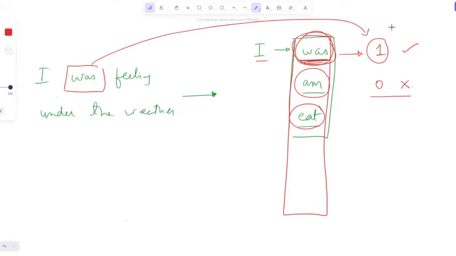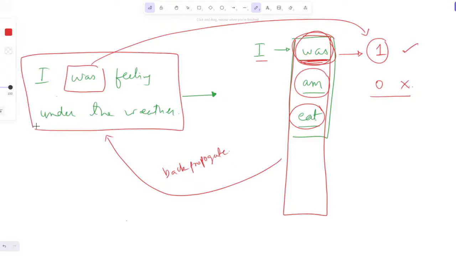If it is close to 1, I am happy. If it's close to 0, I'm upset. And what does this mean? I then backpropagate these results to change the weights of my neural network.